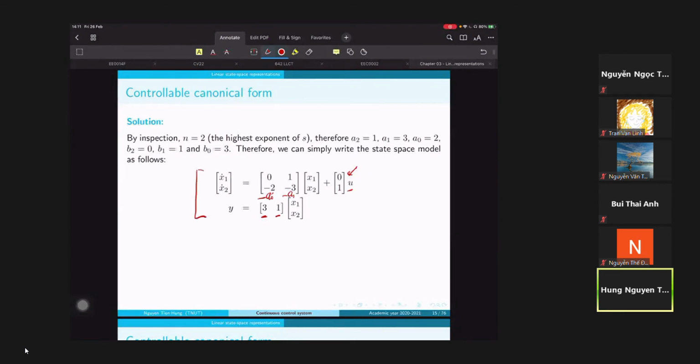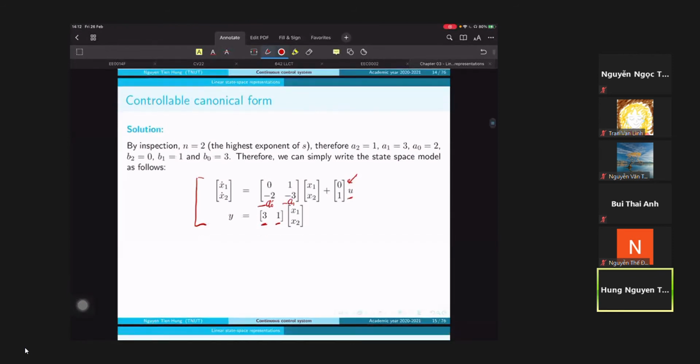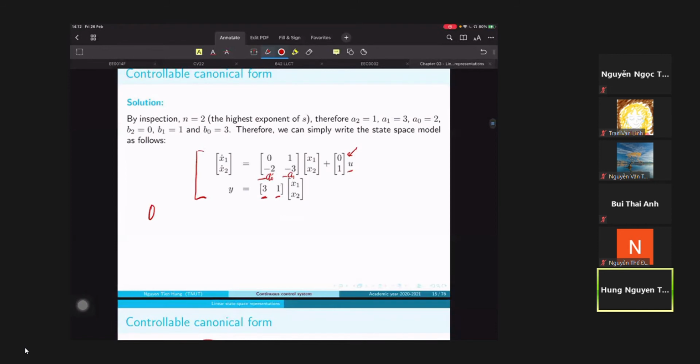We apply the formula in a similar way, but we make a little change. So this observable canonical form is quite easy.